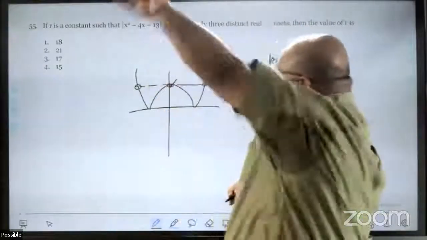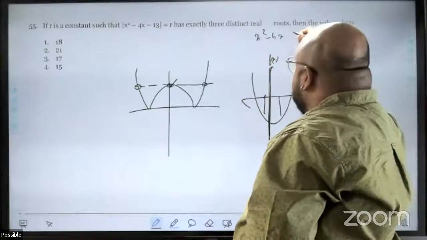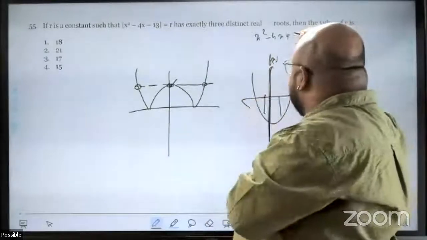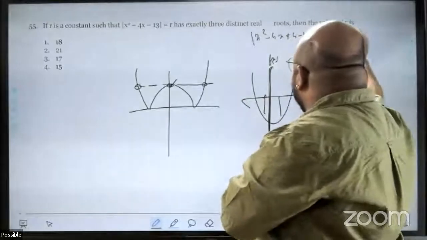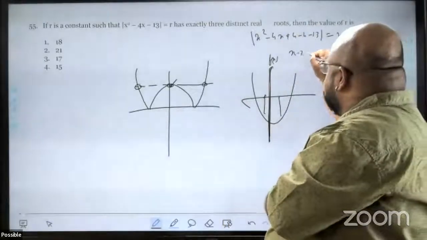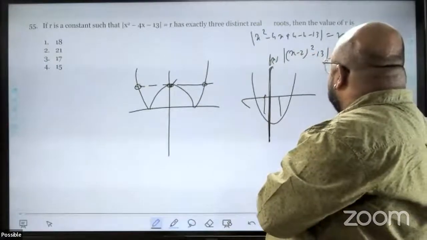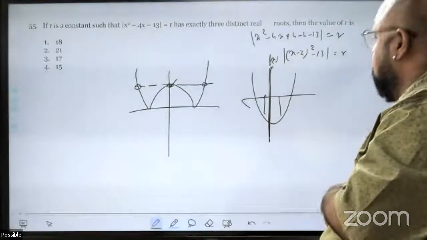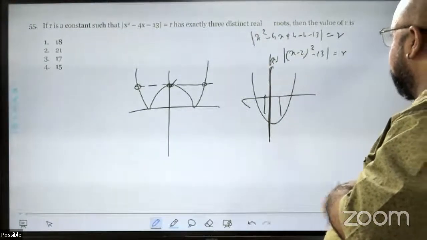This will become x square minus 4x. Since I need another 4, so I write plus 4 minus 13. This is equal to r. This becomes mod of x minus 2 whole square minus 13 is equal to r. Sorry, minus 17.